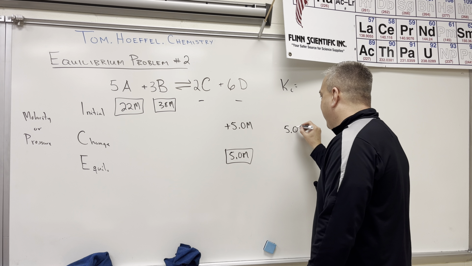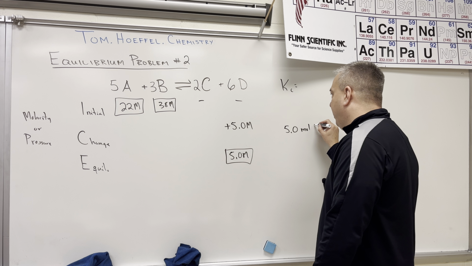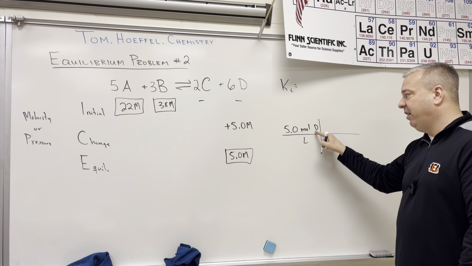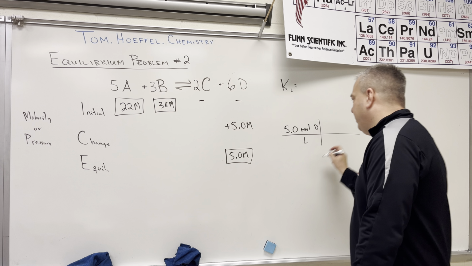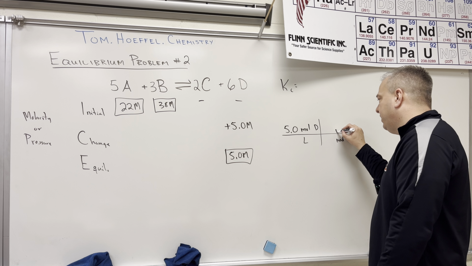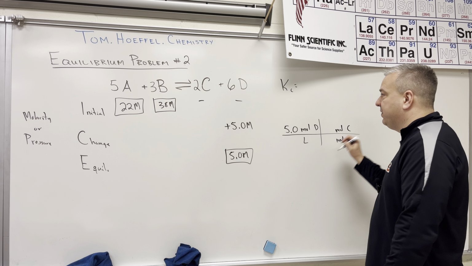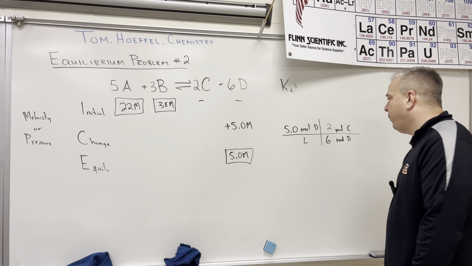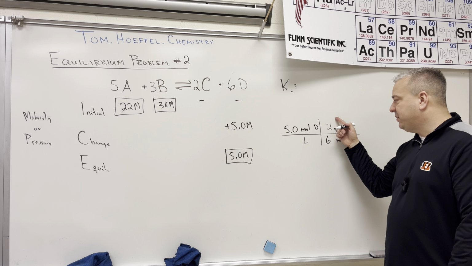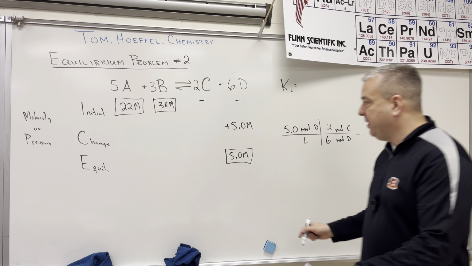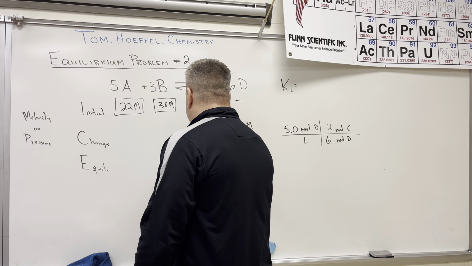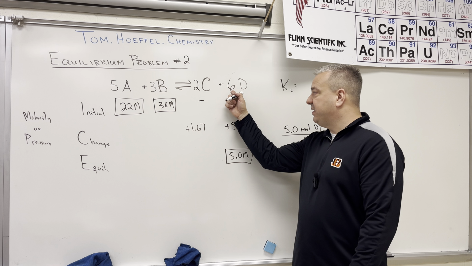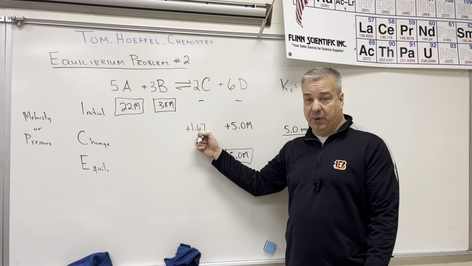If we have 5 moles per liter of D, which is the molarity of D, and I want to change that to C, all I have to do is a mole conversion from moles of D to moles of C, and that's a 6:2 ratio, 6 for the D and 2 for the C. So 5 times 2 divided by 6 is 1.67. So I know that the C increased by 1.67 because of this 6:2 mole ratio.